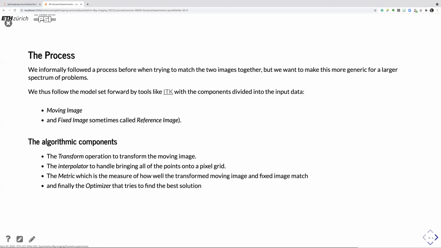Algorithmically, what components we need are, first of all, some kind of transform operation. The basic one would be just translations and rotations, but it could also be some skewing operation. Then we need some interpolator to do the resampling back into the right positions.